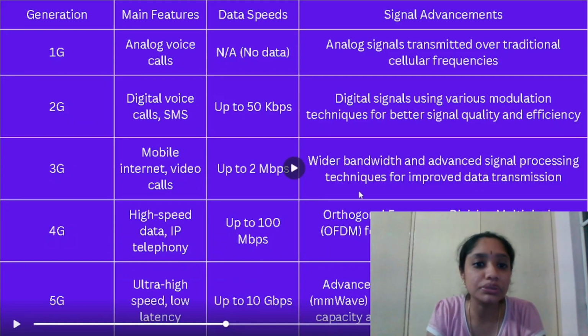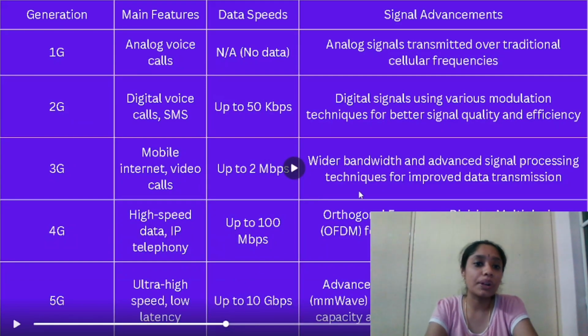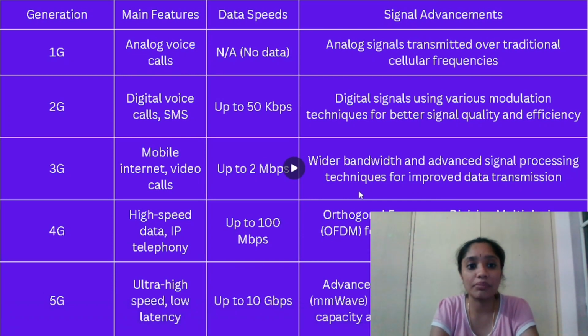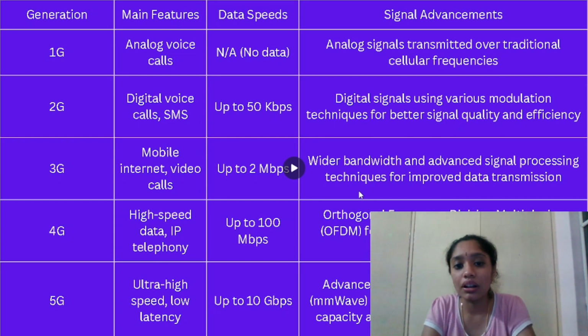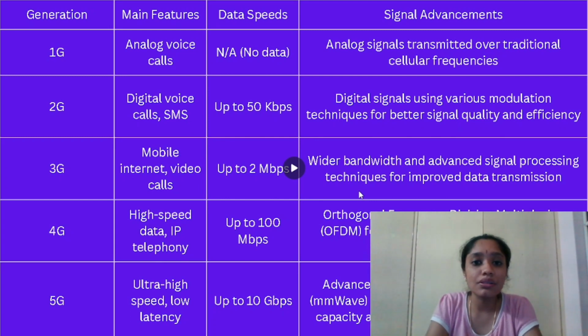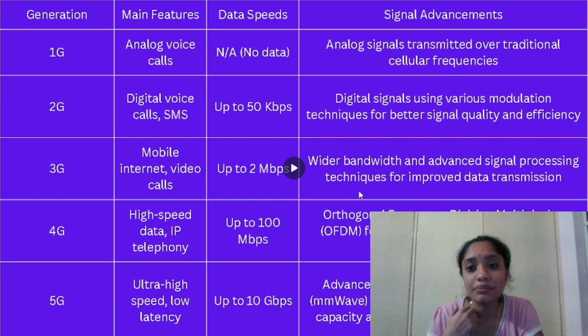And coming to 2G, the main features were digital voice calls and SMS, with up to 50 kbps speed. Oh my god, such a massive improvement in 2G, right? We can call people from the present place to any place in which they are located.